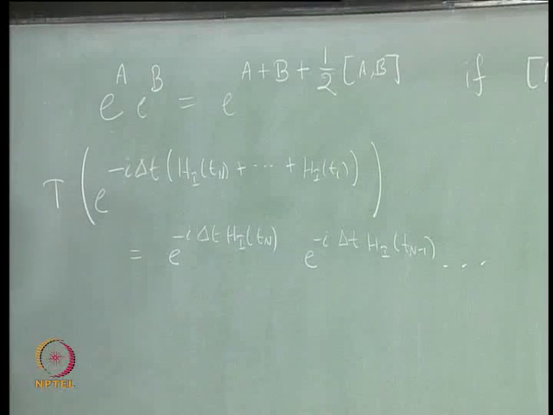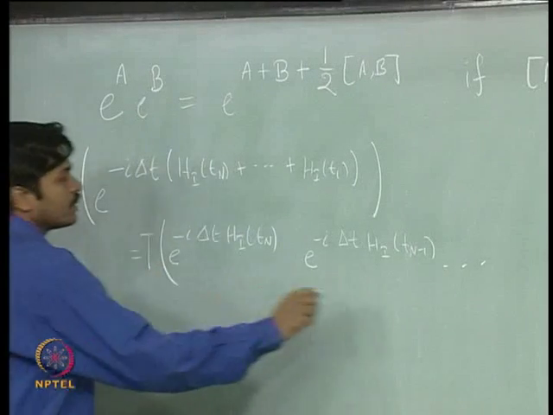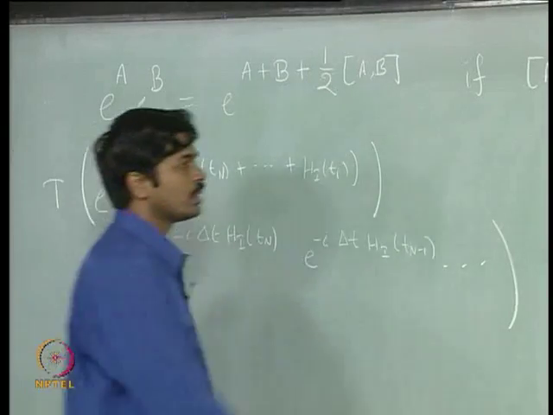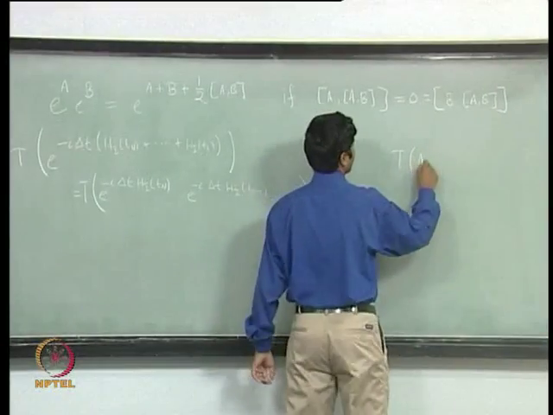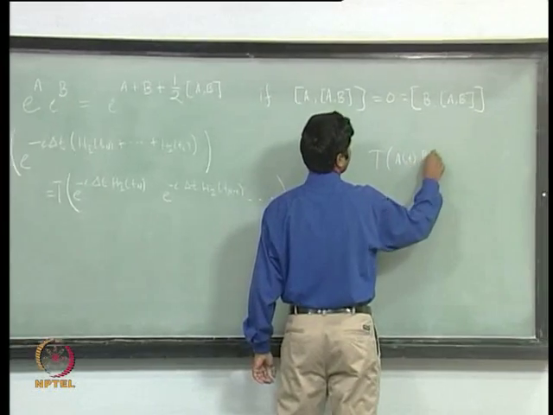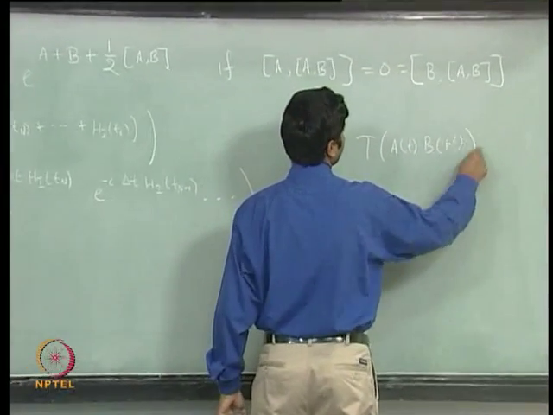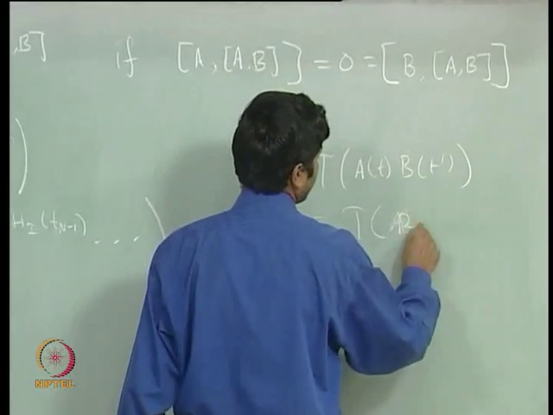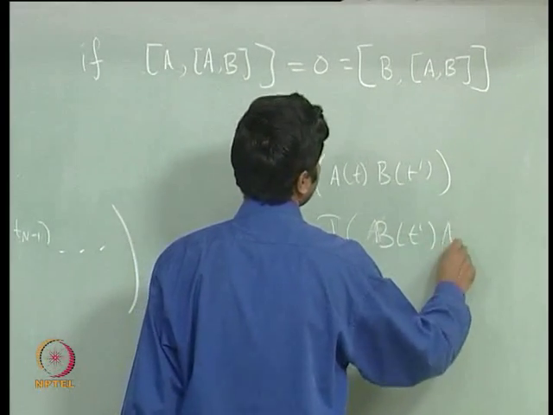The time ordered product of commutators becomes 0 because T of a of t, b of t prime is the same as T of b of t prime, a of t.